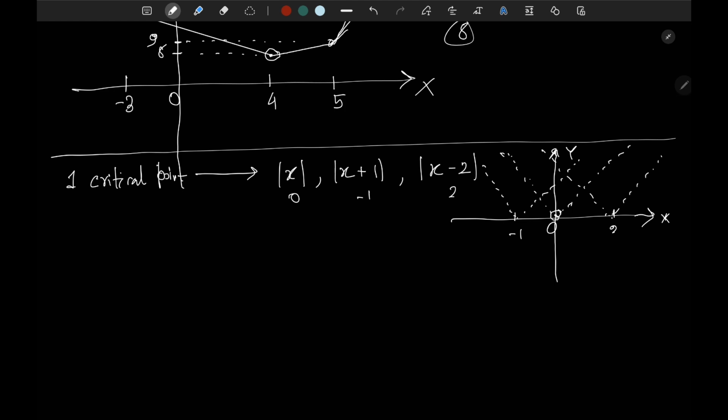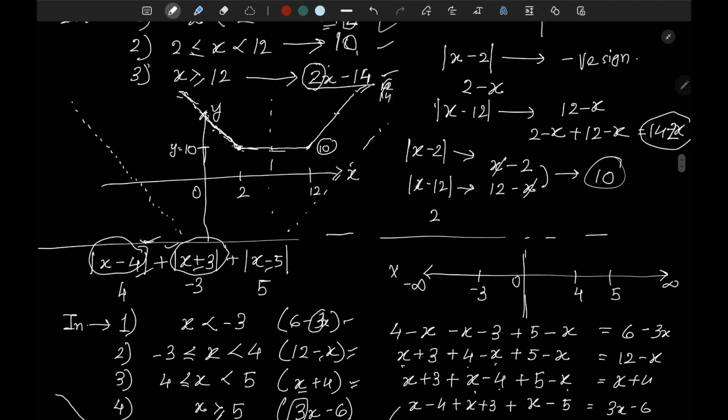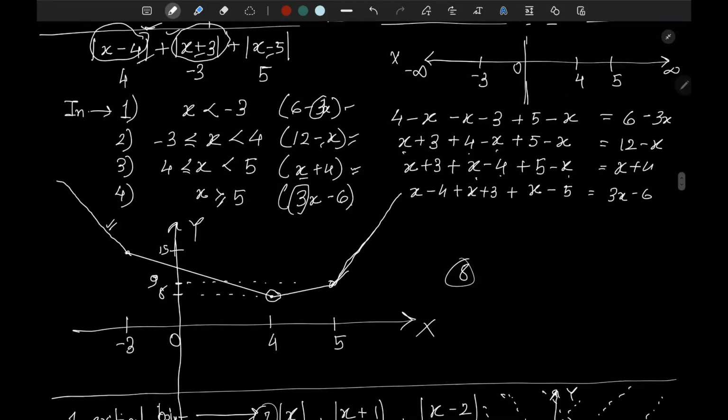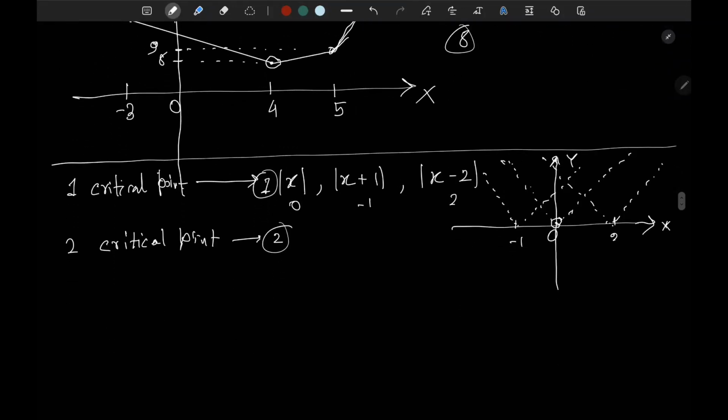When the number of critical points becomes 2, like the previous question, we have seen what the graph looks like, some kind of bucket or a bowl. If the number of critical points is 2, we will have 2 notches, as simple as that. So it will be something like this. These 2 will be your critical points, anything it can be.